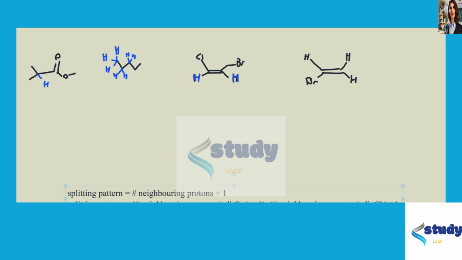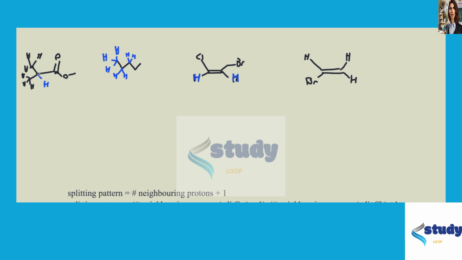So in A, we're interested only in this blue proton here, and we see that this blue proton is bonded to a central atom here, and it's neighboring several things. So it's neighboring this terminal methyl group. So this methyl group has 3 protons, and also the central carbon with this blue proton of interest is also neighboring this methyl group that has 3 protons. But then also the central carbon is bonded to this carbonyl carbon, but this carbonyl carbon has 0 neighboring protons.